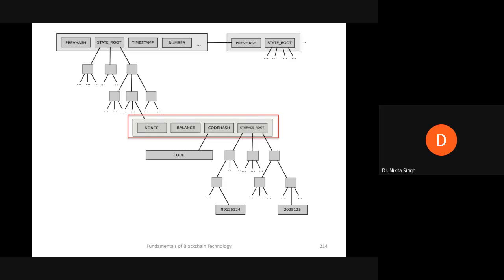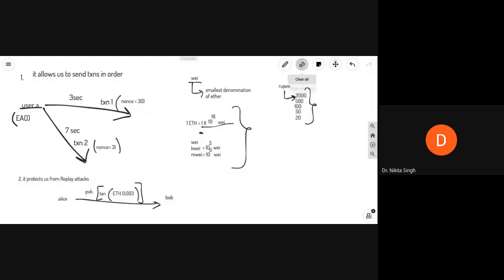The hashing algorithm used by the Merkle Patricia tree is called KECCAK.